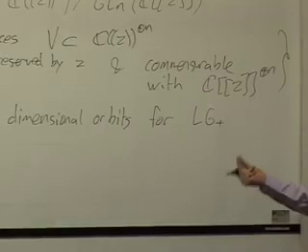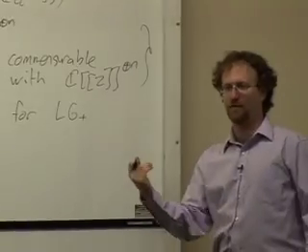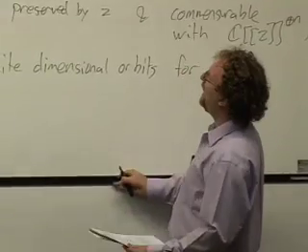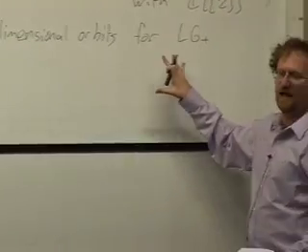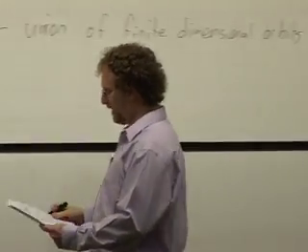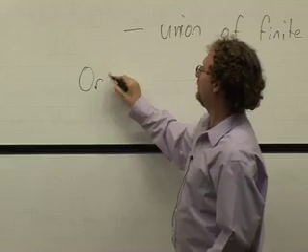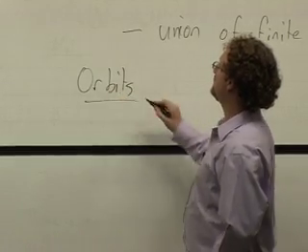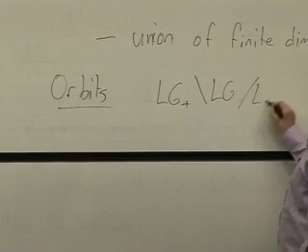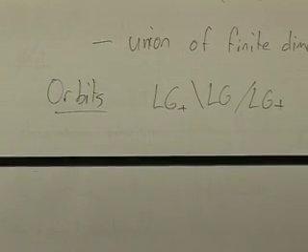For example, it has a base point which is fixed by LG plus, and every other orbit differs by it by a finite amount. So these are all finite dimensional orbits. But it's not going to be enough for us to just say it is a union of finite dimensional orbits. I want to say, what are the actual orbits? What do the orbits look like? So let's try to describe what are the orbits. In other words, what are the double cosets? What does the set of orbits look like?